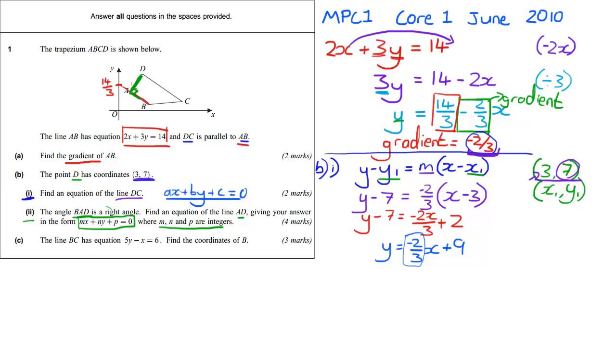If this is a right angle, then it means that the gradient, let me write this down here, so part II.